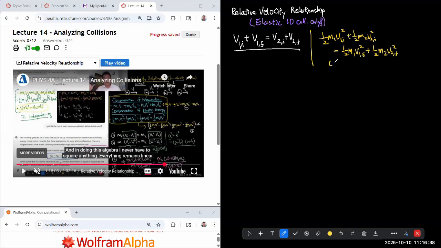This is what conservation of kinetic energy says. The advantage of this expression over that one is that this is a linear equation. It doesn't involve any squares, so that makes your algebra so much easier.